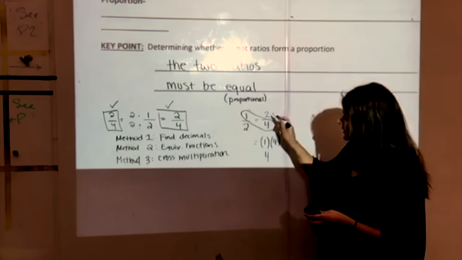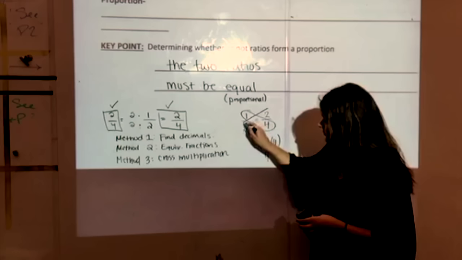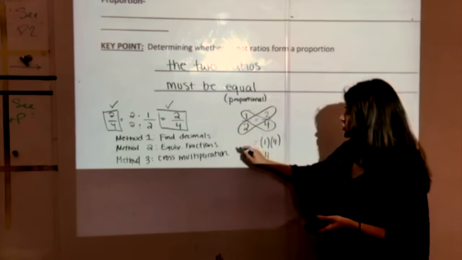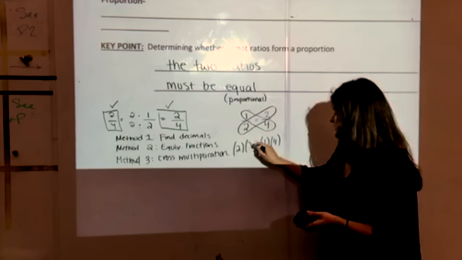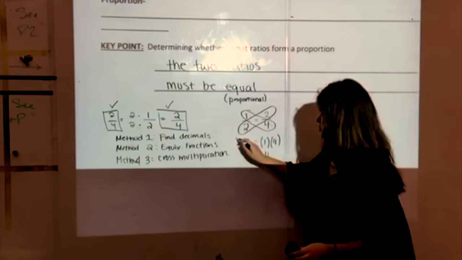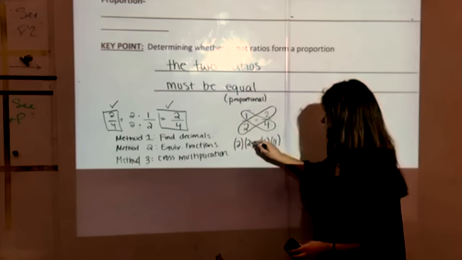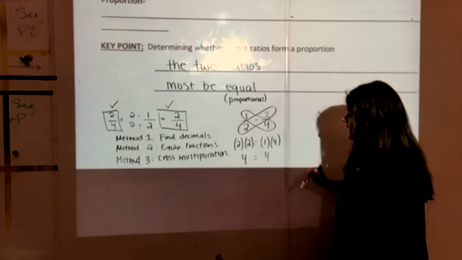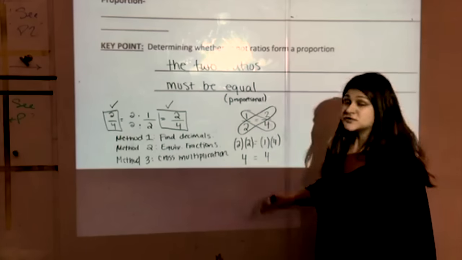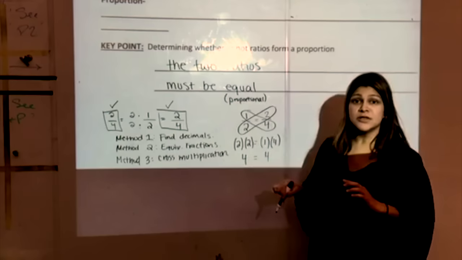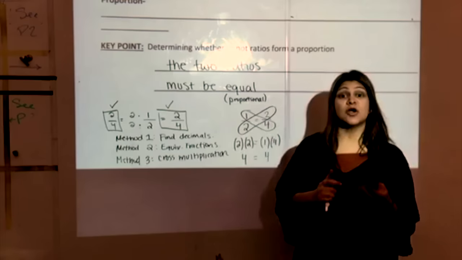And then you take the numerator of the second fraction and multiply it with the denominator of the first fraction. 2 times 2 gives us 4. These right here are called the cross products.